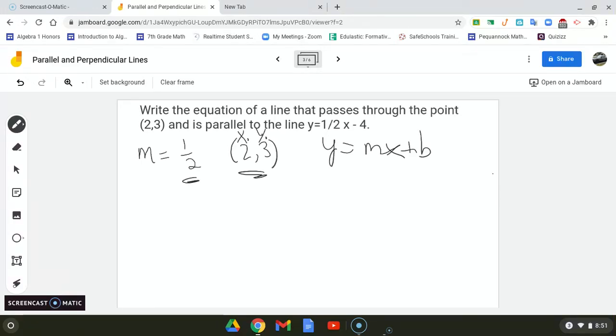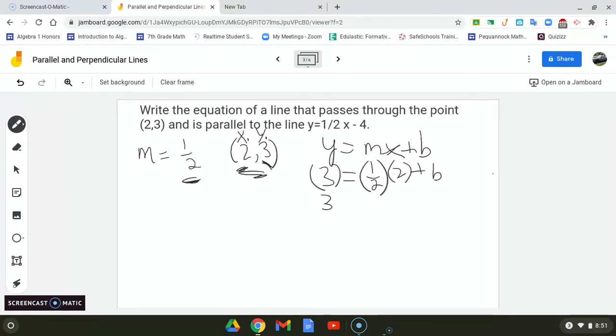And then what we're going to do from there is we're going to substitute in. Well, we know x, right? This is our x over here. We know y, and we know m. And then we'll figure out what b is. So y is going to be 3, and that's equal to the slope, which is 1/2, times x, which is 2, plus b.